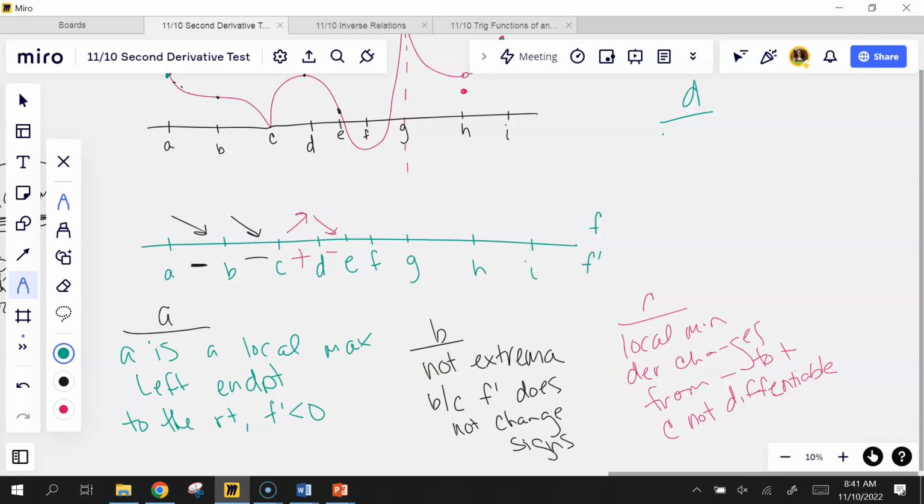It's a local max. Why? Because the derivative changes from positive to negative this time. What else do you know about D?